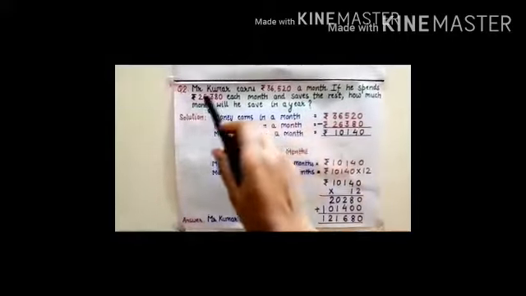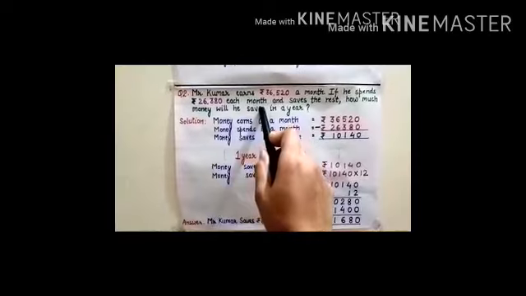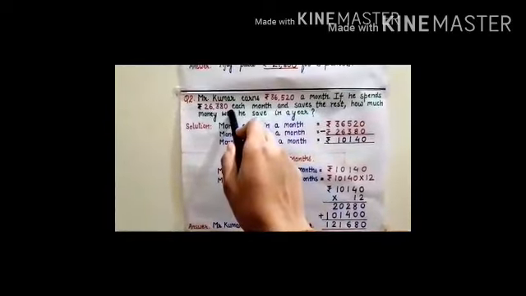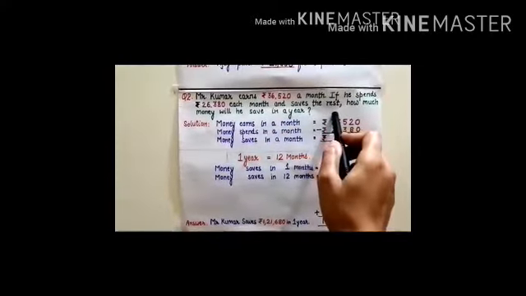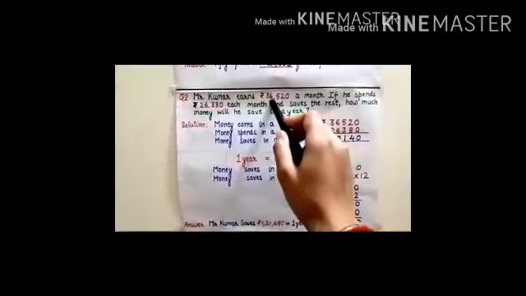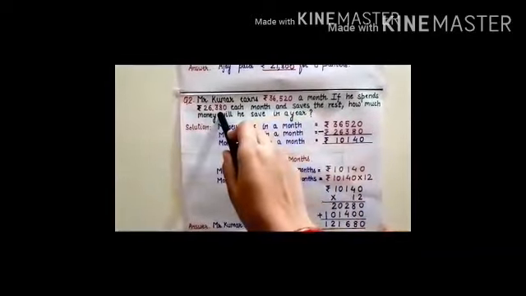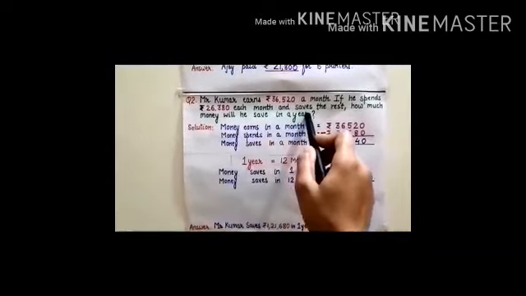He spent rupees 26,380 each month. So it is clearly seen that he spent 26,380 rupees every month and saves the rest. Rest means from his earning, that is 36,520, if he spent just 26,380, obviously some amount of money is left.